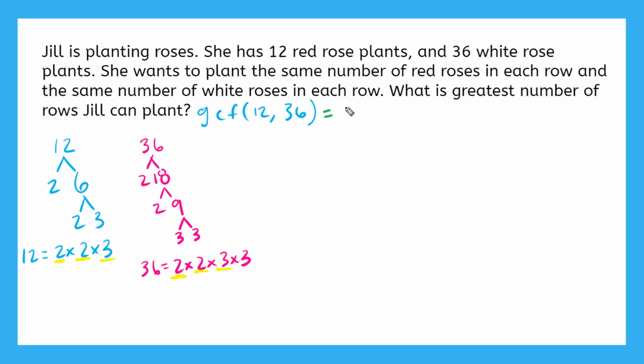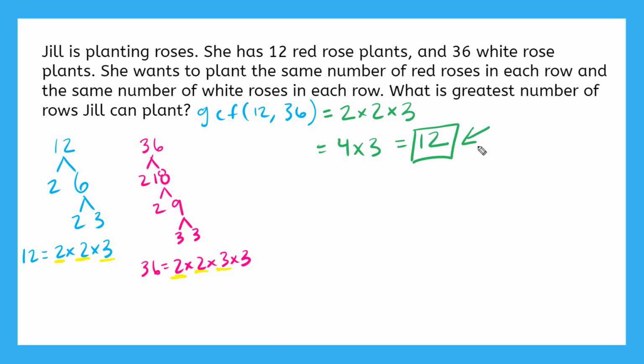So this is equal to 2 times 2 times 3, which 2 times 2 is 4 times 3, which is equal to 12. So if our greatest common factor is 12, what we're trying to find is the greatest number of rows that Jill can plant, which would be also 12 rows.